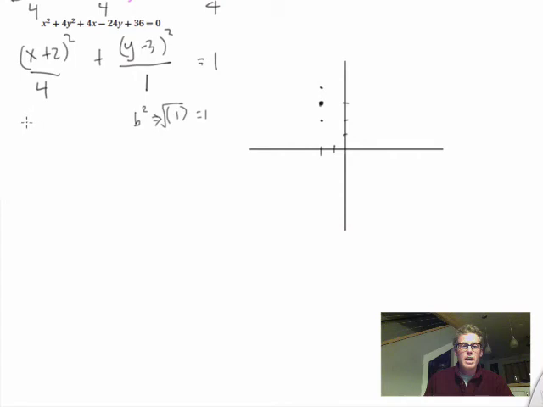And then for my a value, a squared equals 4, so a is going to equal 2. So that means I'm going to go over 1, 2. So there's one vertex. And then to the left, 2. So there's the other one. And then from there, once I graph this, I should get an ellipse about like that. And that's graphing your ellipse.